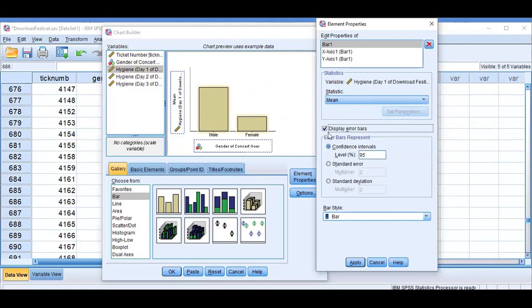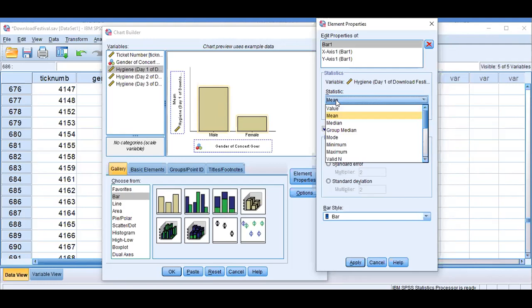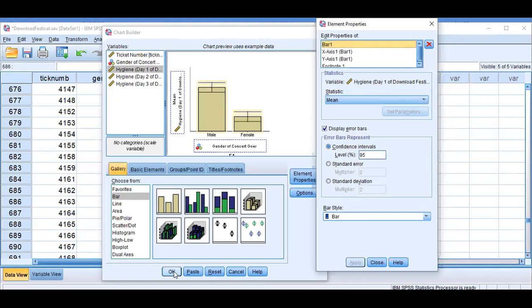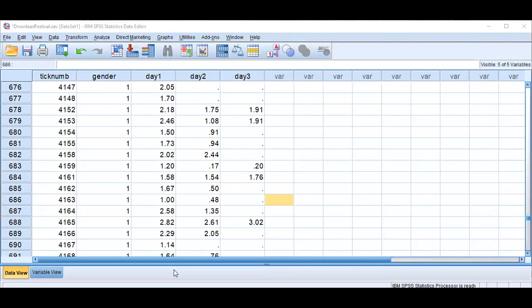I have entered gender into the x-axis and hygiene day one score into the y-axis, and then mean, because if I do not take mean, then the error bar chart will not display. Is it clear? Now apply, and after apply, okay, then we can see the error bar chart.